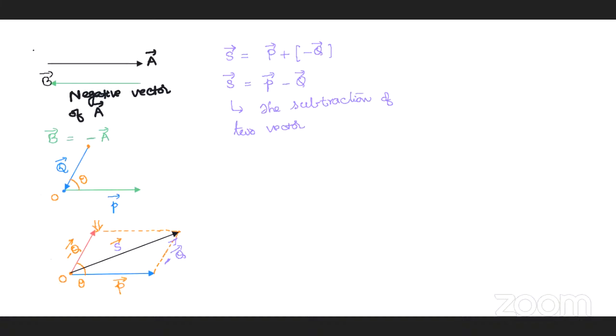Then check here. If P bar and Q bar are taken in order like this, from the point O, whatever you are getting here, this is S bar. Now look at the parallelogram I am going to construct here. This is the parallelogram I constructed.